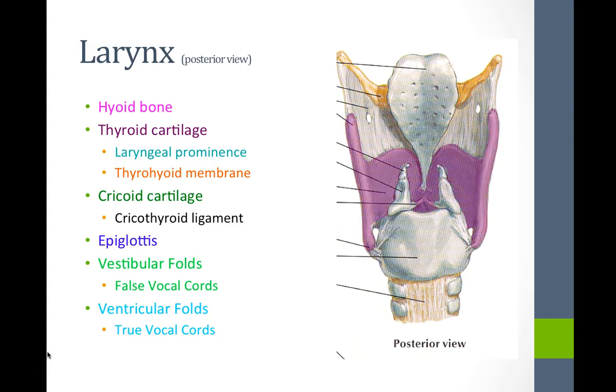So now what we're looking at is that open posterior view of the thyroid cartilage, and then inferiorly we have the cricoid cartilage. Now you may recognize that this cricoid cartilage looks a lot larger posteriorly, and that is true. It is a lot thicker posteriorly than it is anteriorly.